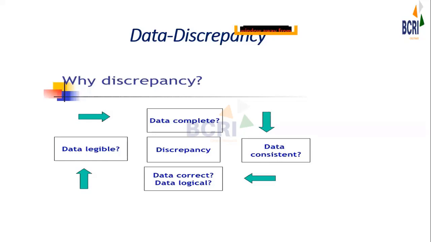Basically, legible means that we can understand what the data is being represented as. If it is no, it's a discrepancy. Is the data complete? By data complete I mean, suppose your date of birth is 1st January 1990, they have written Jan 1990, they have not given the date, then it's incomplete. Is the data correct or logical? As I mentioned about the weight, that is not about logical or correct, it is not consistent.